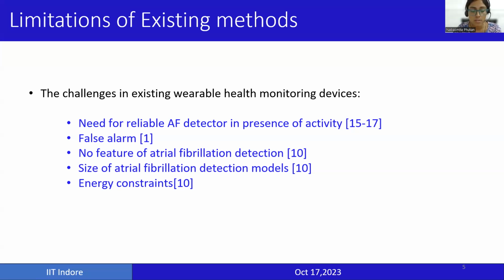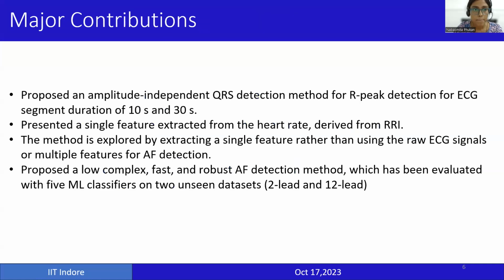The size of the model leads to very important information, that is the energy required to run the model. And in a resource-constrained device such as a wearable, we require a model which consumes less energy. So this is another thing that is not mentioned in the previous works.